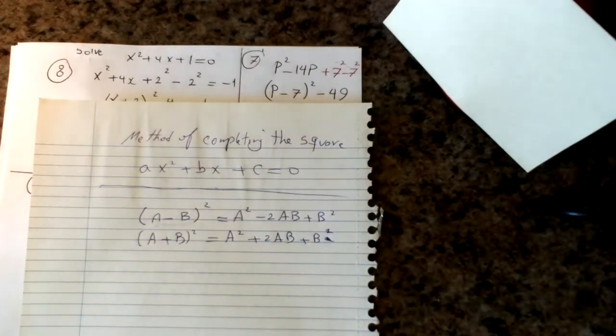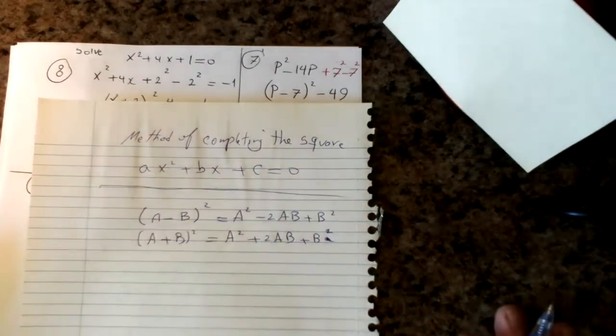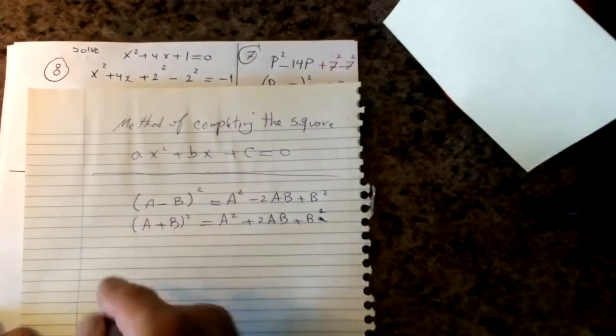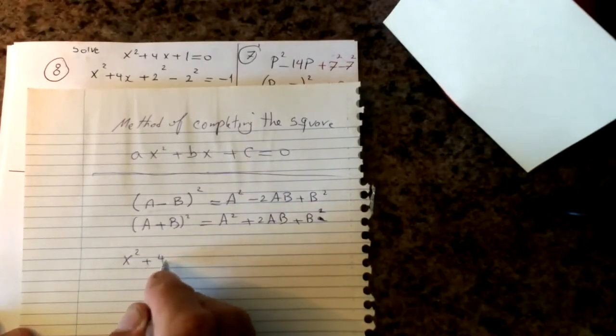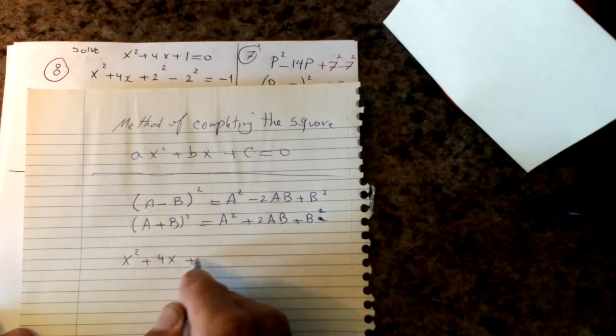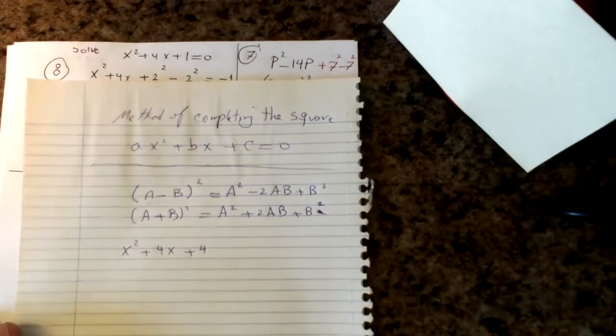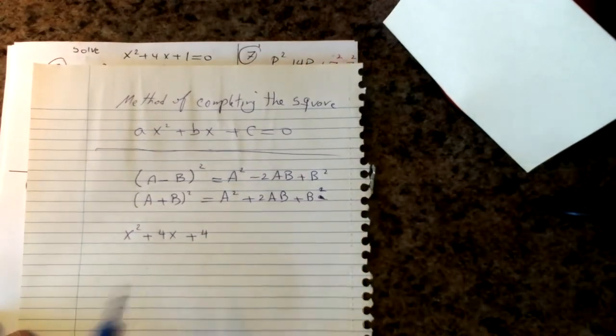All right, so if I have x² + 4x + 4, let's say in this example I have this.